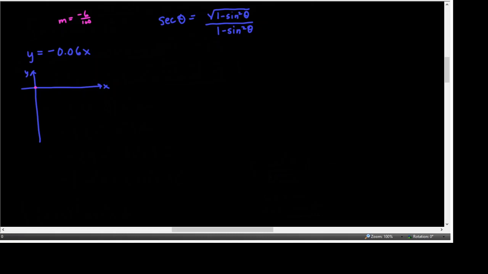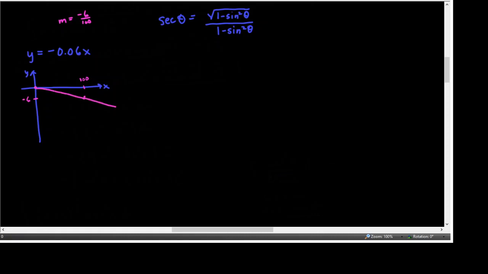So I could get that by going down 6 and right 100. And this is not to scale. If I drew it to scale, it would be way too big. So that right there, down 6 and over 100, is a point on that line. And so this is what that roadway looks like.